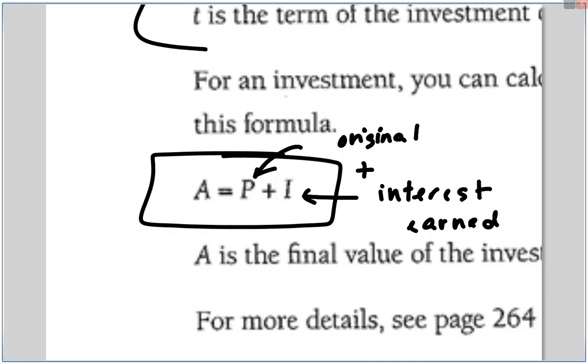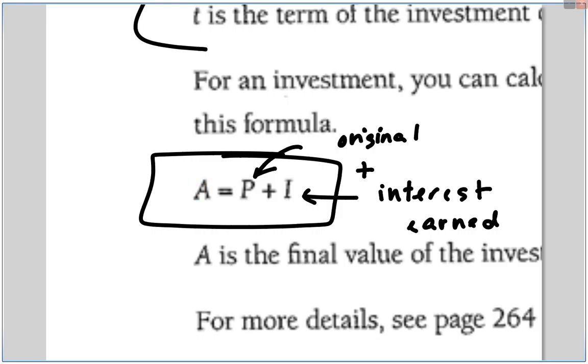So basically, you say you had 20 bucks and then you earned $5 interest. This is 20 plus 5. How much do you have in the end? 25, right? Do you want me to say that again? Here's principal. Say you put in 20 bucks into an investment and you earned $5 in interest. 20 plus 5, what would you end up? 25.